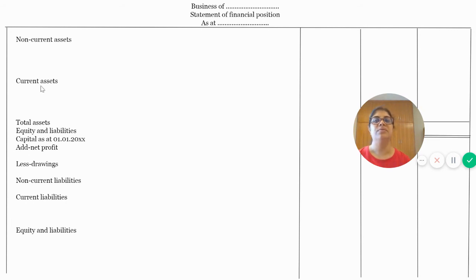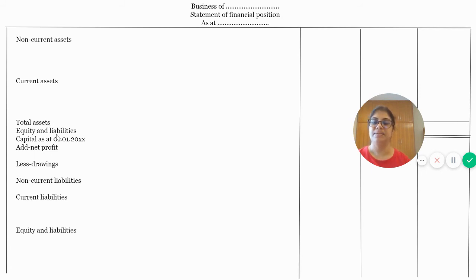Then when you are listing out the current assets, remember to use the liquidity theory. So start with very low liquidity, which is the closing stock of the business, and thereby little by little try to increase the liquidity position. Then you will get the total assets.